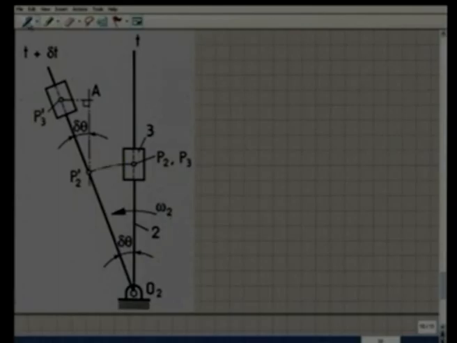Now, if we look for the acceleration of the point P3, we can express its two components, one along the rod and the other perpendicular to the rod. If we ask a person sitting on body 2 what the movement of this point P3 prime is, because the observer is always sitting on body 2, he or she thinks that P3 is moving only along the rod.